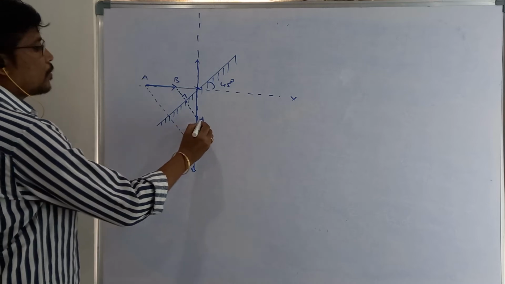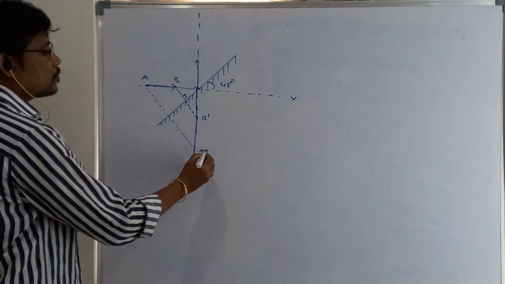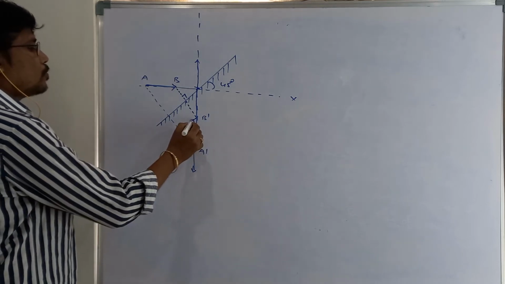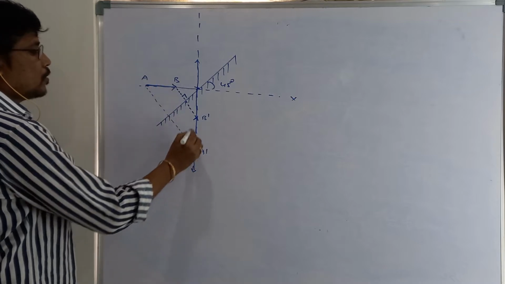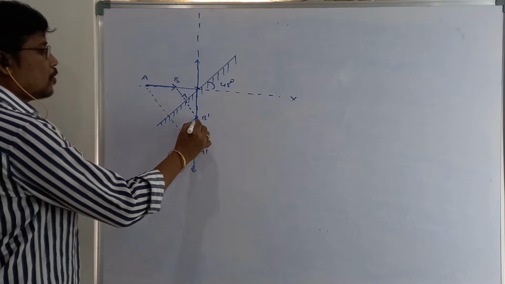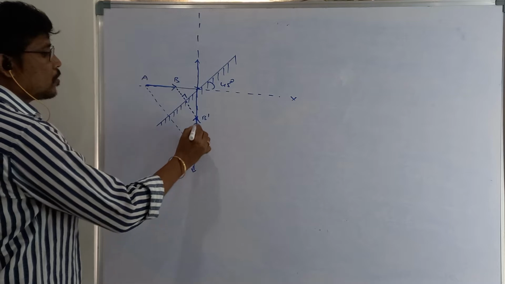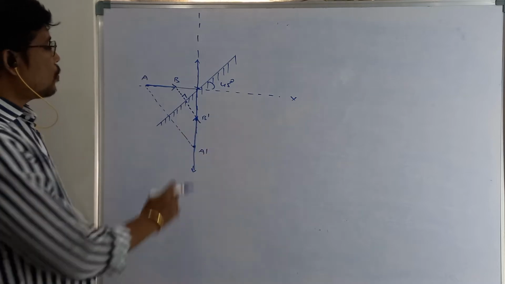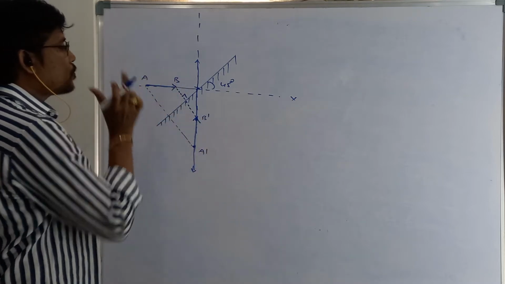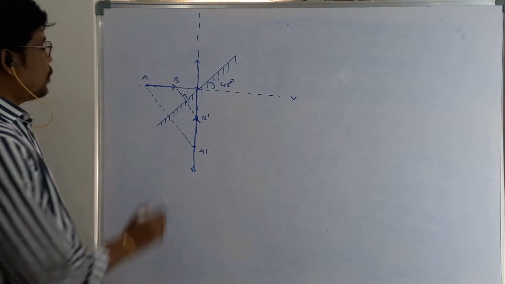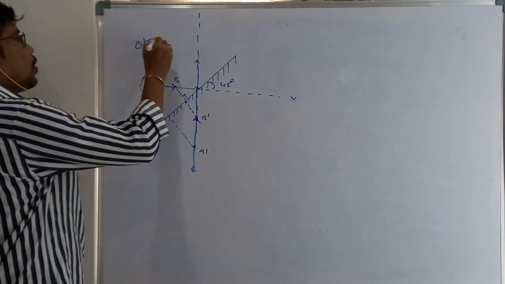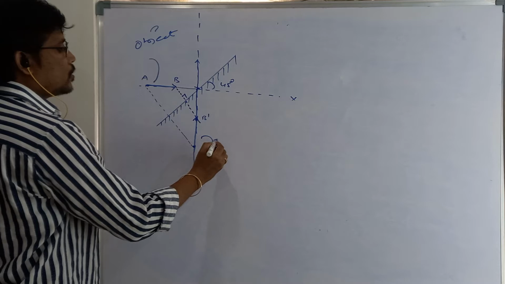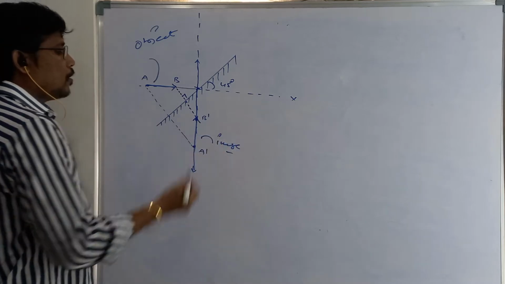Now this point becomes B dash and this becomes A dash. So A dash B dash is the image for the object AB. This is the object and this is the image.